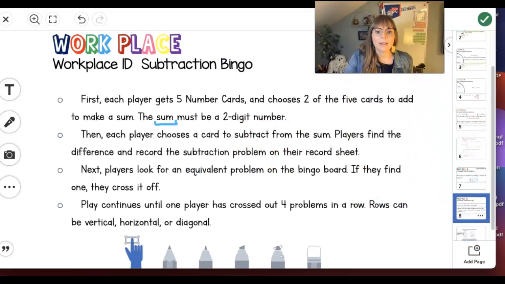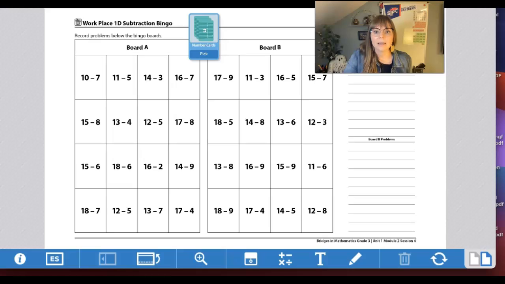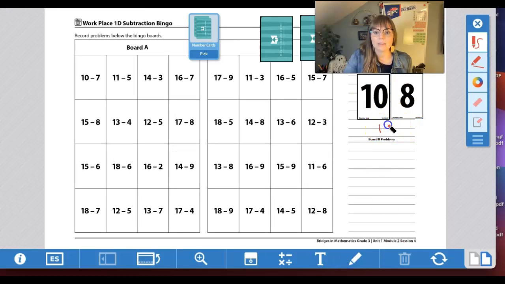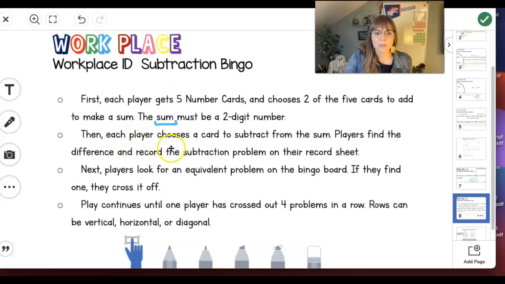Okay. I picked 2 of the 5 cards to make a sum. It must be a 2-digit number. It is because I chose 10 plus 8, which equals 18. Then each player chooses a card to subtract from the sum. Players find the difference and record the subtraction problem on their record sheet.